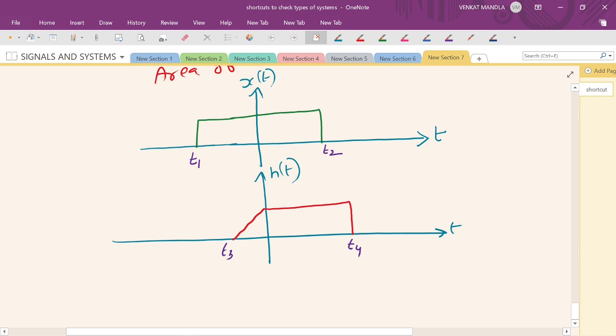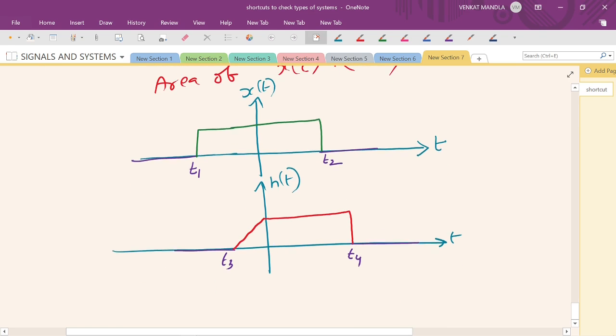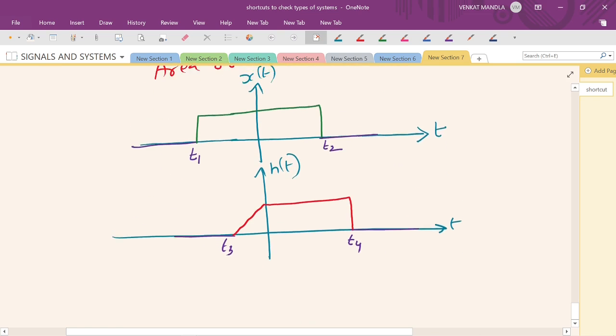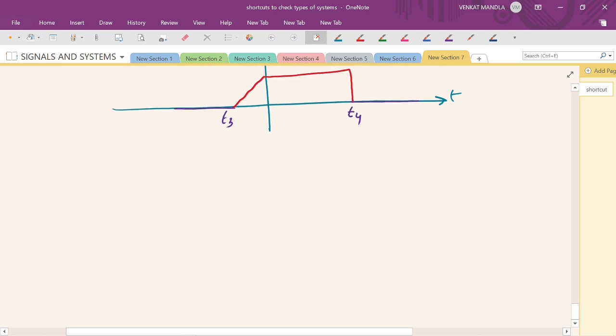Let us say x of t exists from t1 to t2, and h of t exists from t3 to t4. In the remaining cases, it is 0. So the impulse response and the input x of t are both available, and then I have to do the convolution.